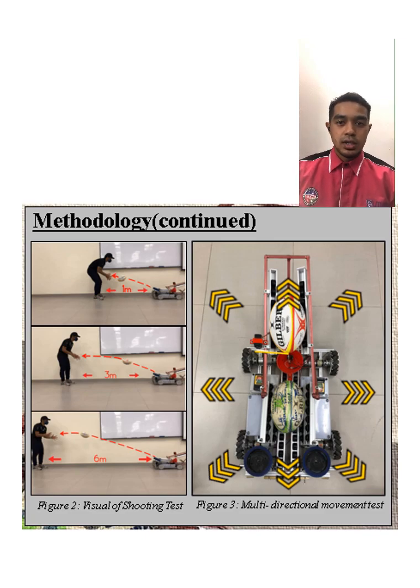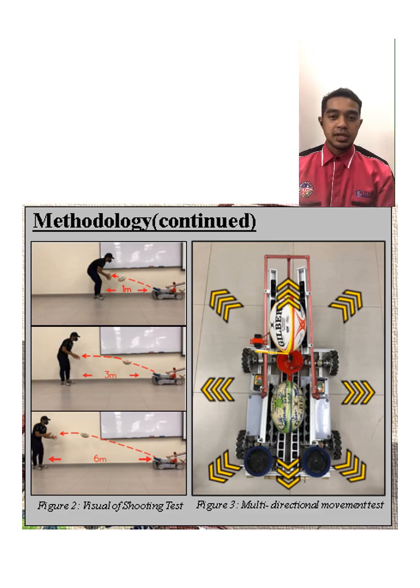As we can see here, this is a visual of the shooting test. The first test we use is a 1 meter distance, followed by a 3 meter distance, and the last one is a 6 meter distance.